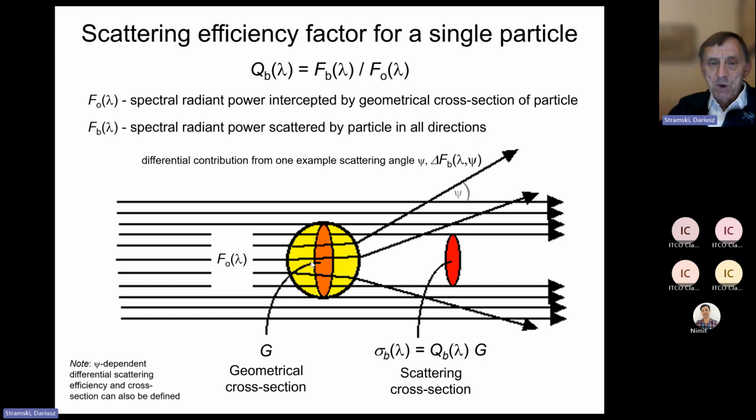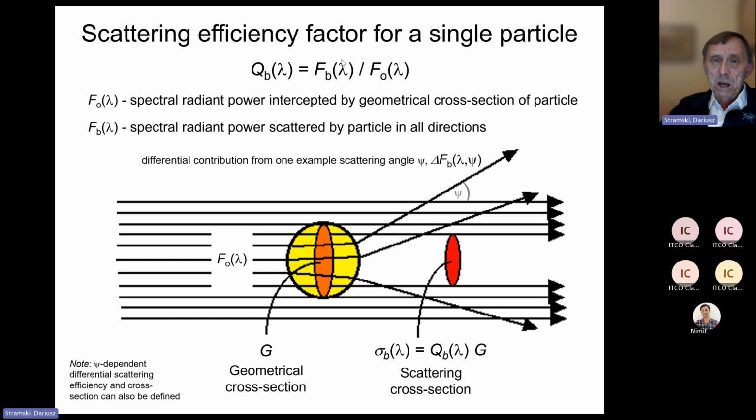Some of that power will be scattered. For example, here it's shown at a scattering angle psi, but scattering will occur at all angles. And so the efficiency factor accounts for power being scattered by that particle in all angles. So it's an integrated scattered power, F sub b.